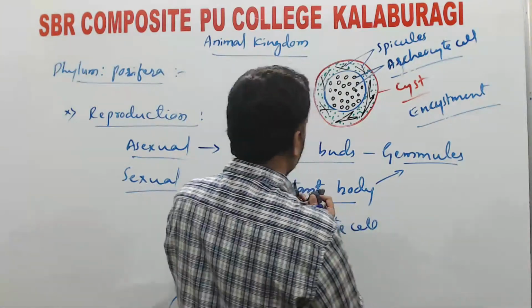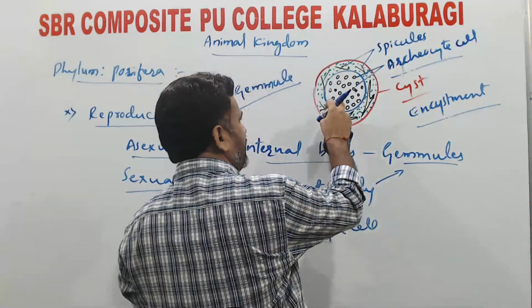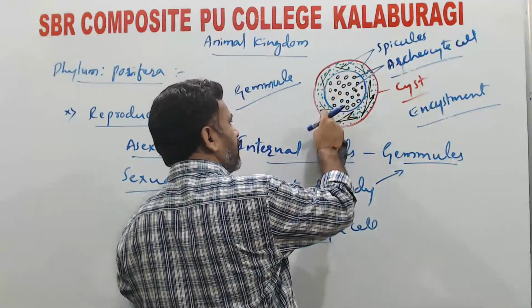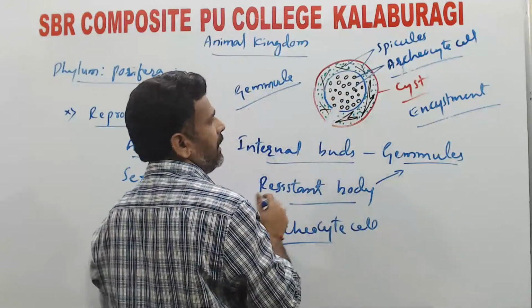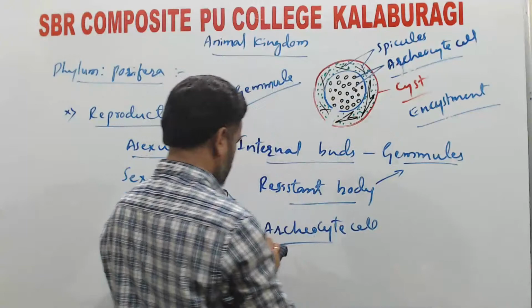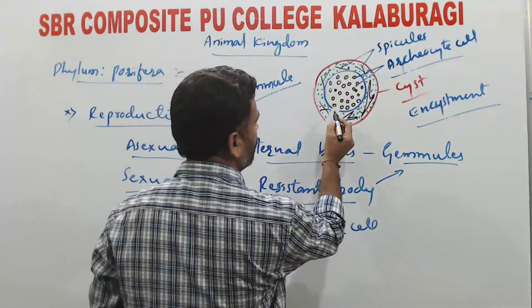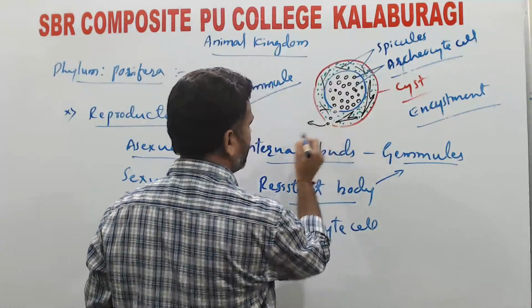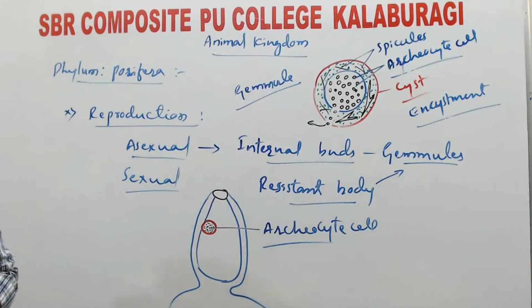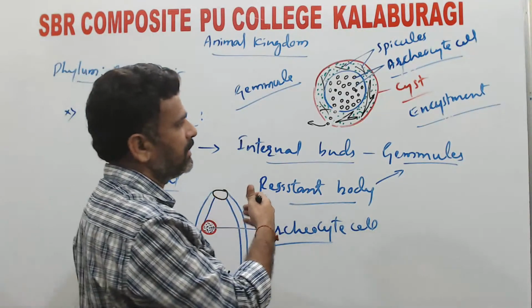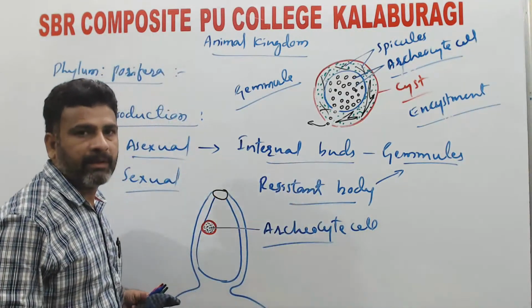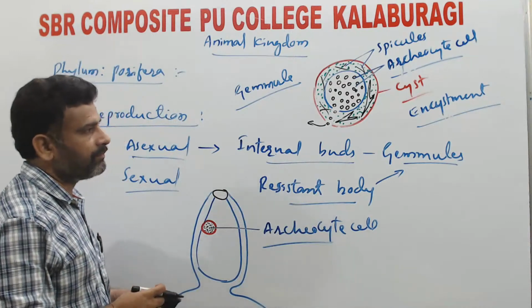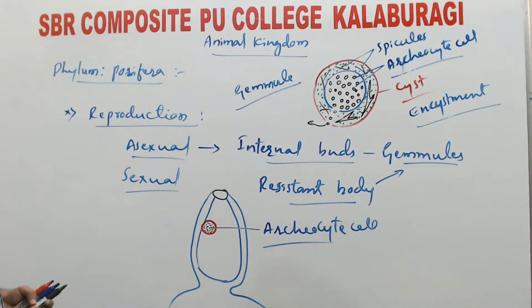A part of the gemmule gets broken down, and from this ruptured part of the gemmule, the archaeocyte cells come out. They are transformed into the new structure. So this is the asexual reproduction.